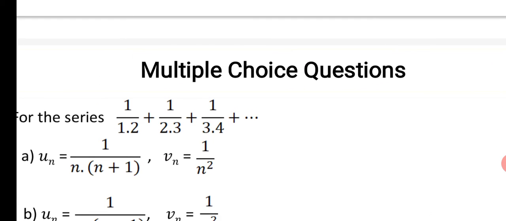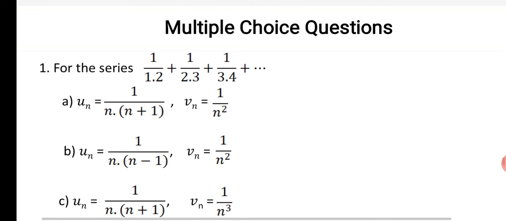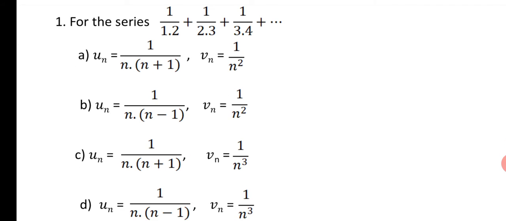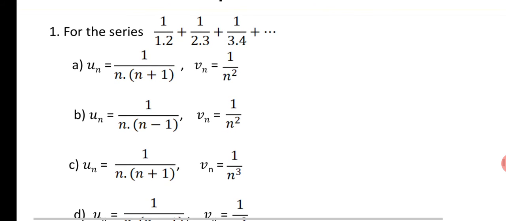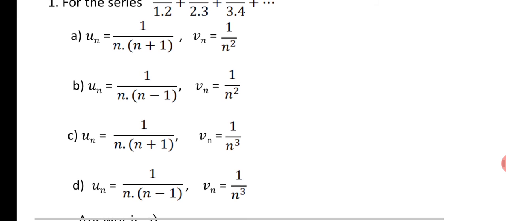The multiple choice questions. First one, for the series 1 by 1 into 2 plus 1 by 2 into 3 plus 1 by 3 into 4 plus etc. There are 4 answers.